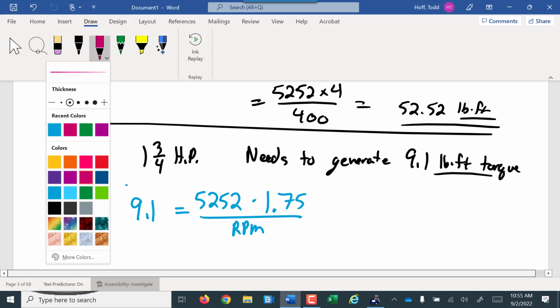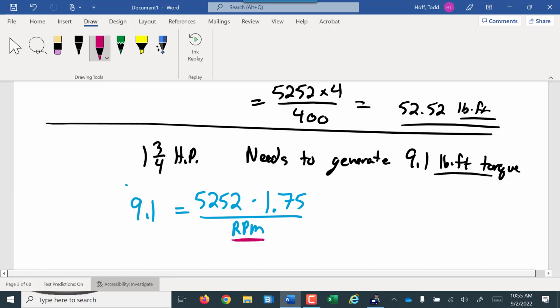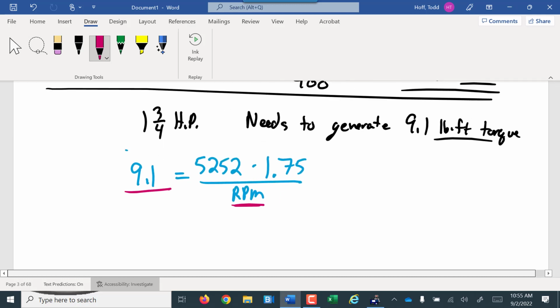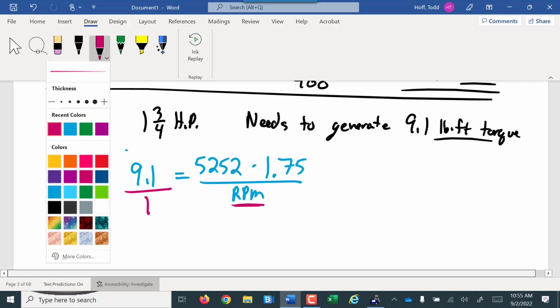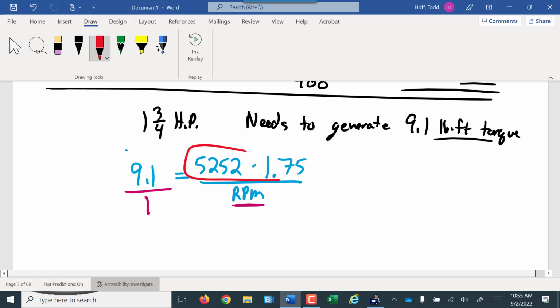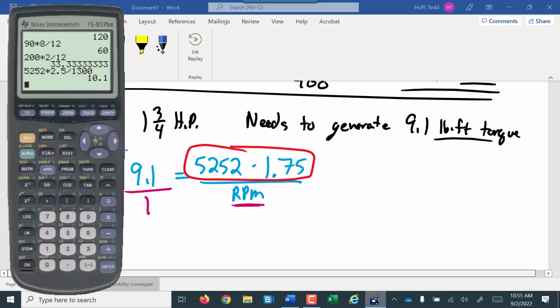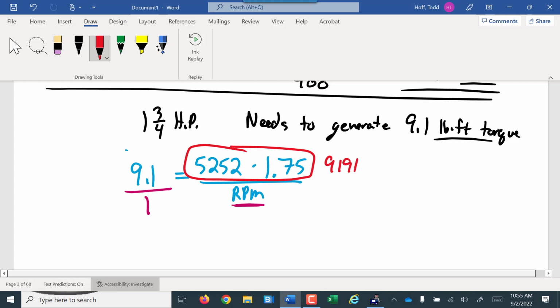I use this example because what we're solving for is on the bottom of a fraction. That makes this a lot more difficult to do. When you're asked to solve for a number that's on the bottom of a fraction, the easiest way to do it is to make it into a proportion. So we put the 9.1 over 1, and then we will multiply out this part here, the 5,252 times 1.75, gives us 9,191.